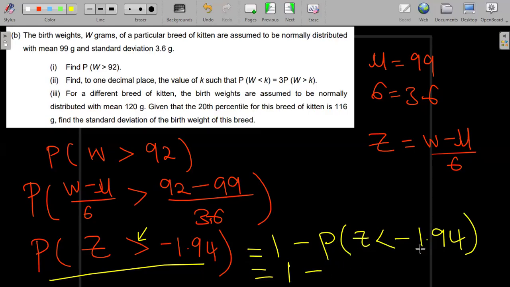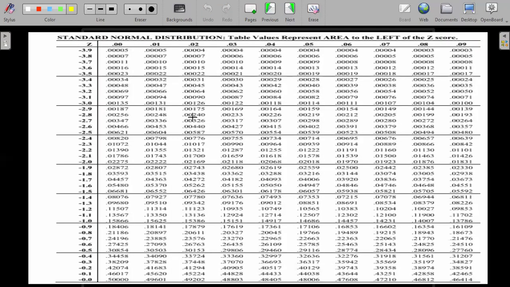The probability that Z is less than minus 1.94, we can find on the Z-score table. So let's go to the Z-score table for negative values. We are finding the probability that Z is less than minus 1.94. The minus 1.9 we find in this column, and the 0.04 we find in that row.